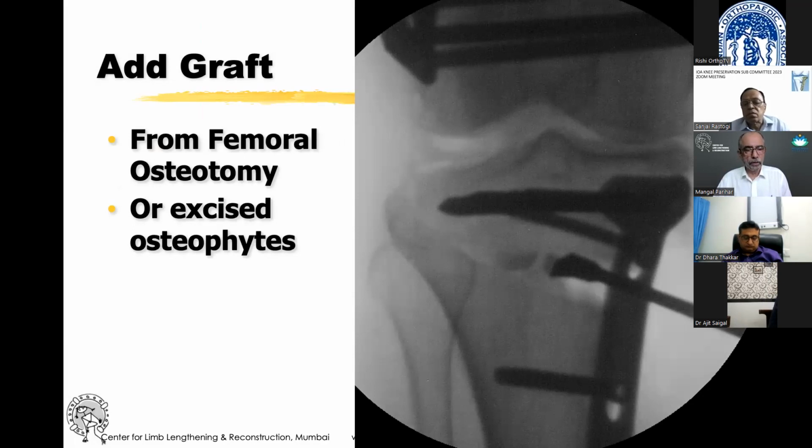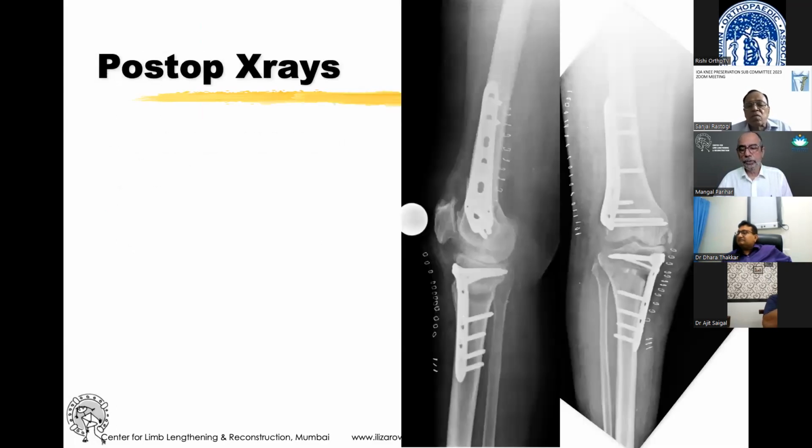I'm sure Sanjay will talk about the standard open wedge where you don't need a graft. Or sometimes when we debride the knee, we excise osteophytes, and those can also be added to this region. And that's her post-op X-ray with the femur and tibia both osteotomized.